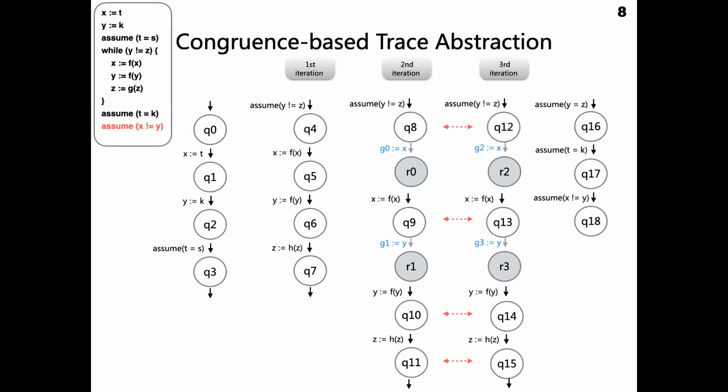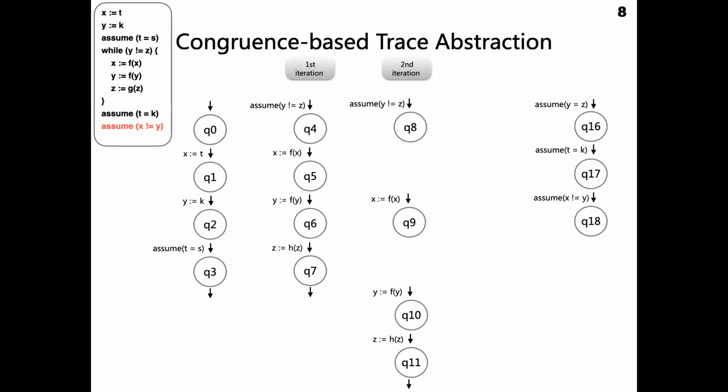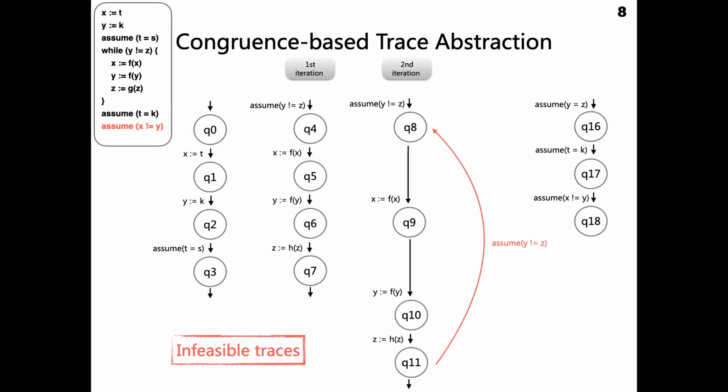Then we can deduce that there is a repeated transition sequence. Then we can remove the last states and add a new transition from Q11 to Q8 to abstract such infeasible traces. Now we know that all traces that execute the loop body twice or more times are infeasible.